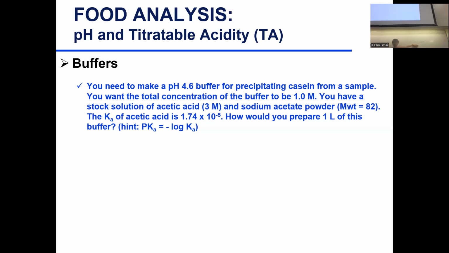If you look at this equation here, forget about the concentration that you have. So 1 minus A minus equals AH, right? So you can replace AH here and solve for A minus.